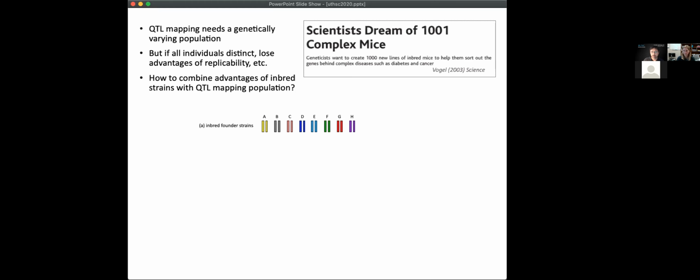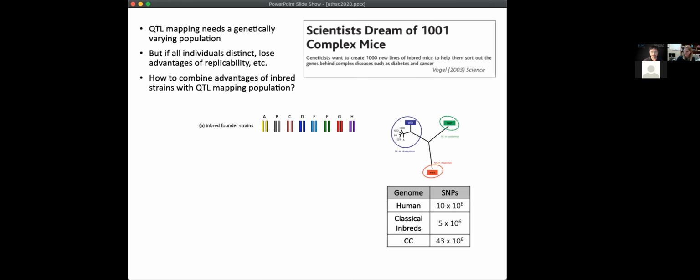What they proposed and what ended up getting developed is, you start with 8 genetically diverse inbred strains. These are inbred strains plucked from the corners of the mouse phylogenetic tree, accounting for a lot of diversity, more diversity than the human population. And then you breed them with each other.